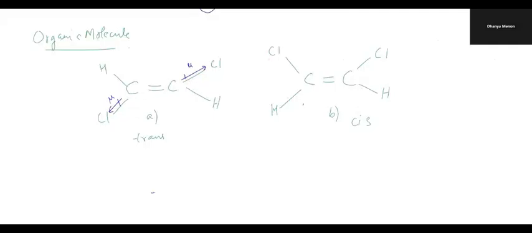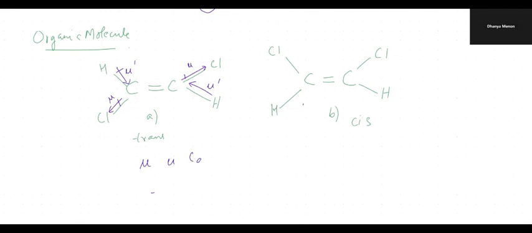So in trans, in case of hydrogen, the dipole is from hydrogen to carbon. This is mu dash. Hydrogen to carbon, that is mu dash. Now, if you see, mu and mu are cancelling each other.